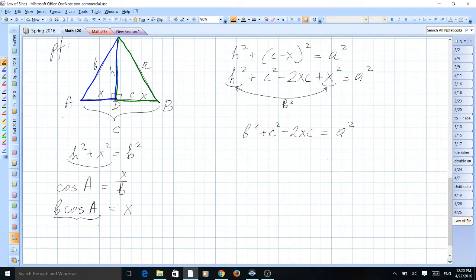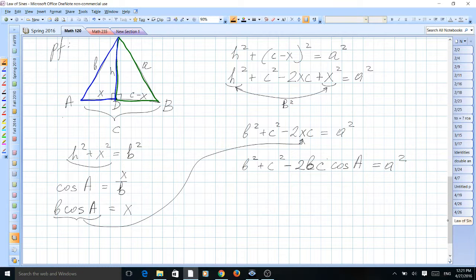I can take that and plug it in exactly where I have the x. So I'll end up with b squared plus c squared minus 2, I'll put in the c here, put in the b here, c cosine A. So you have your 2, you have your c, and then the b cosine A is equal to a squared.